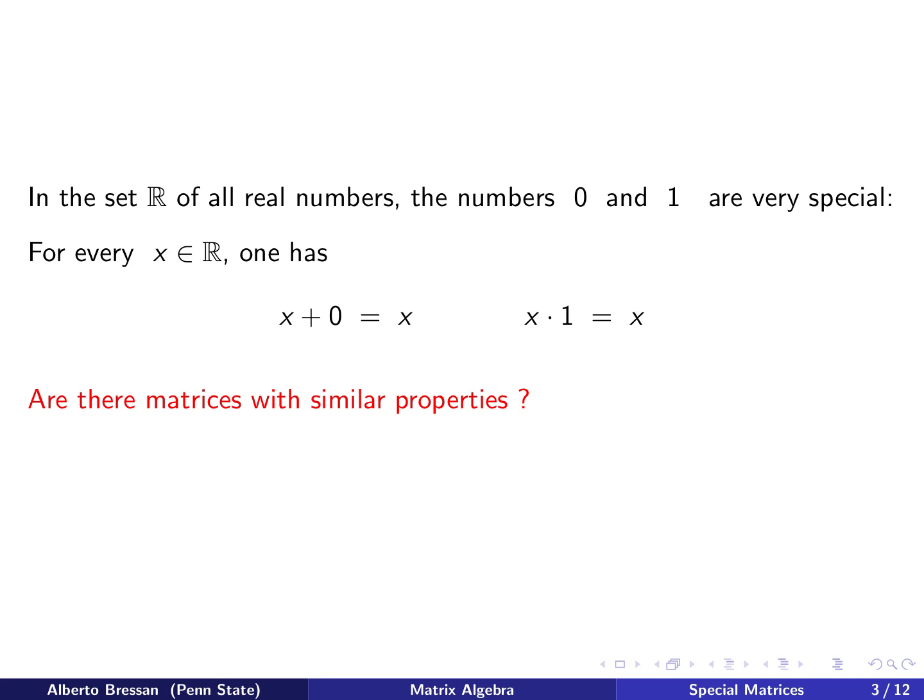And the other one is x times 1 is x. Multiplying x with the number 1 does not change it. So the following question would be, are there matrices with similar properties?